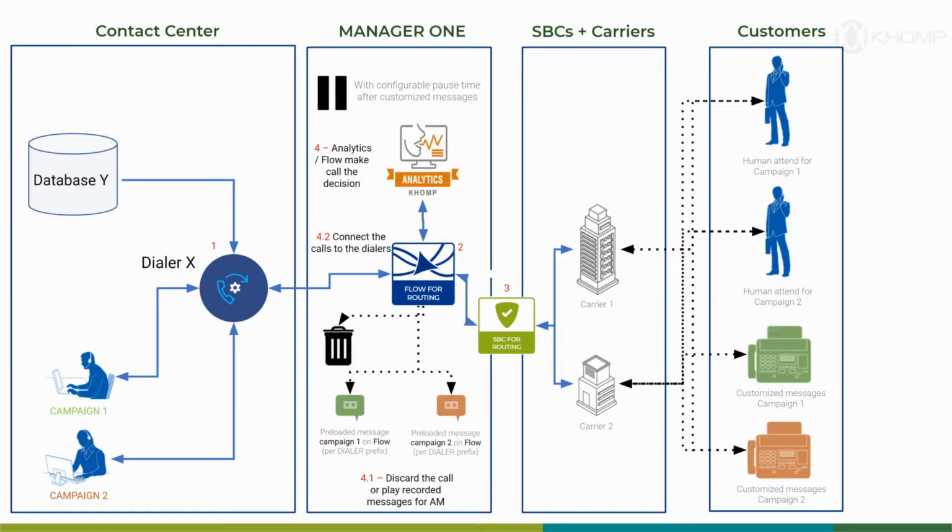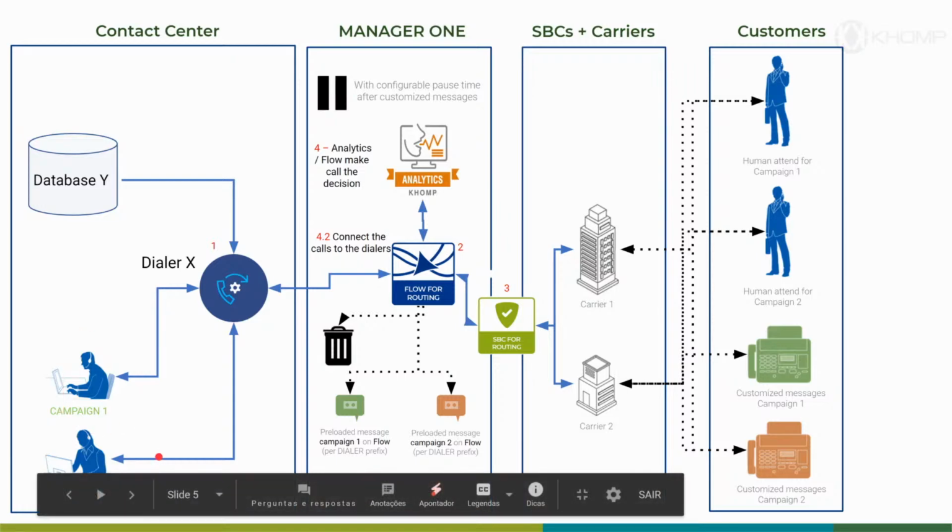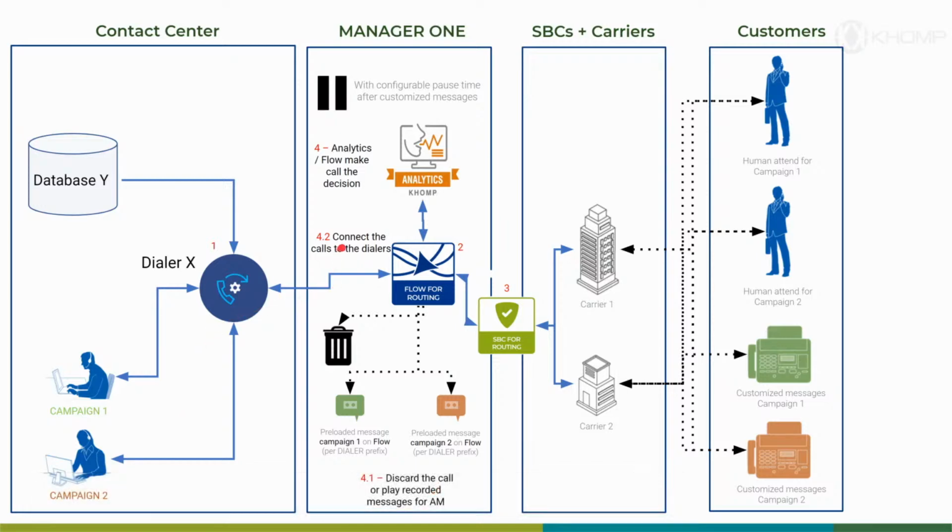The dialer receives the mailing list from the database and from multiple campaigns, and we can even have multiple dialers assigned to the flow, the advanced routing engine that we have in the Manager One package. So the flow mechanism interacts with the analytics, and we will see how.